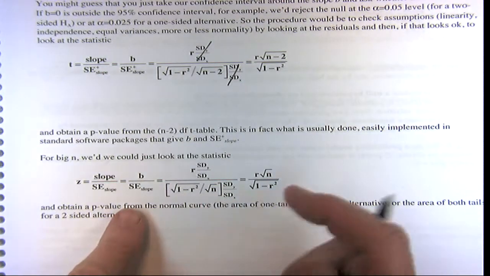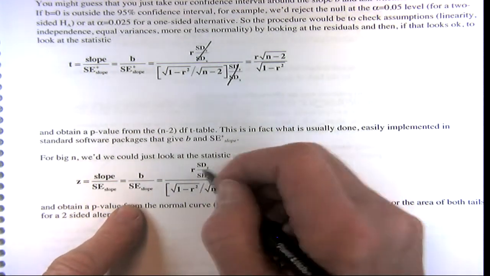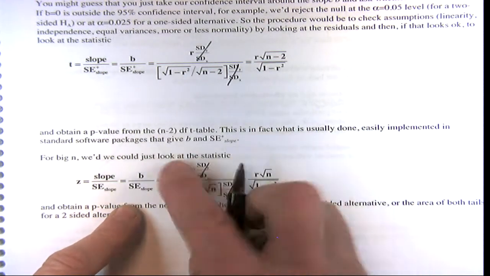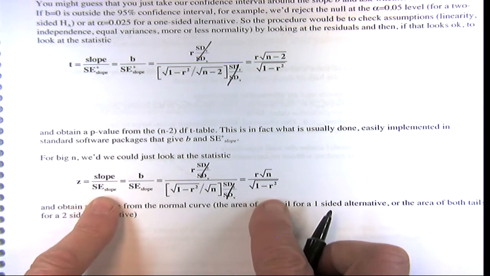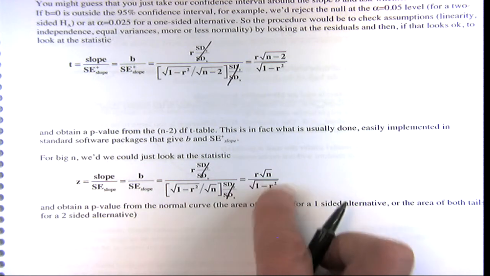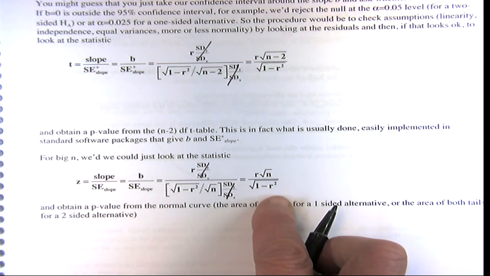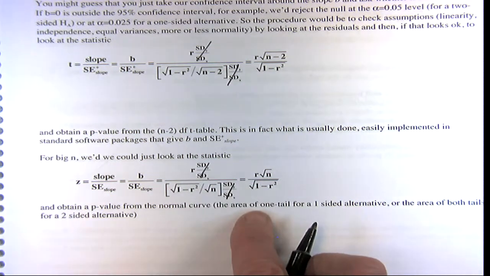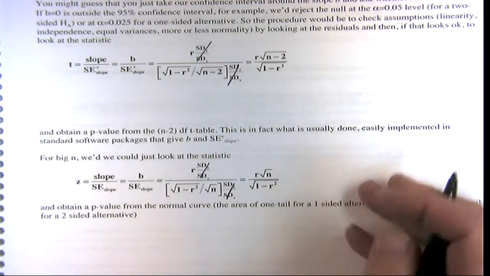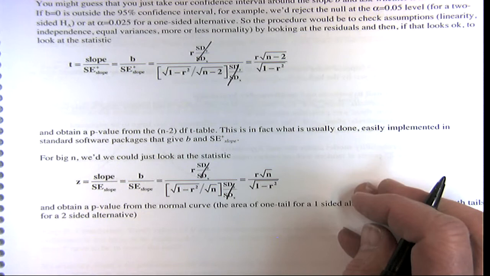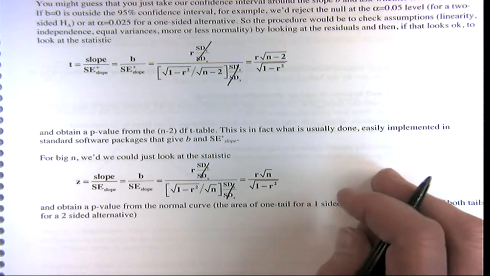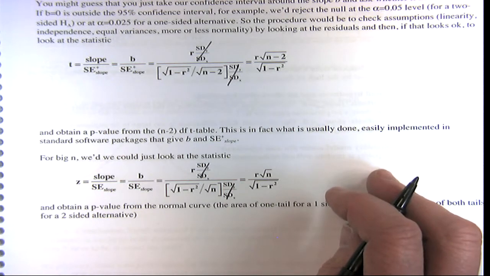Same here with the z, the standard deviations cross out, and we're left with a test statistic fully described by r and n. It doesn't matter what the standard deviations of y are. And that makes sense because if the correlation coefficient is 0, well, then the slope would be 0 too, right?